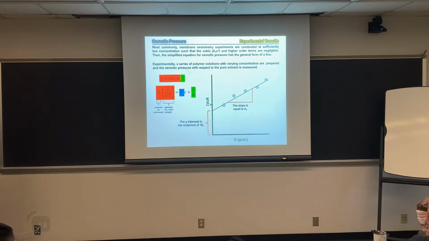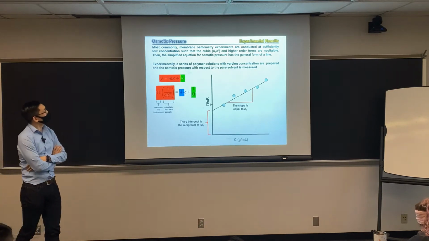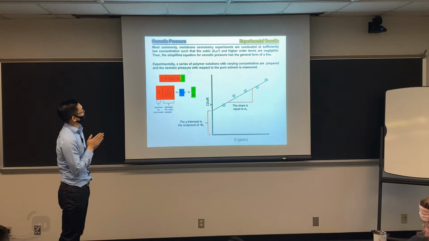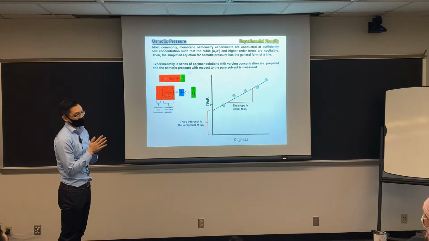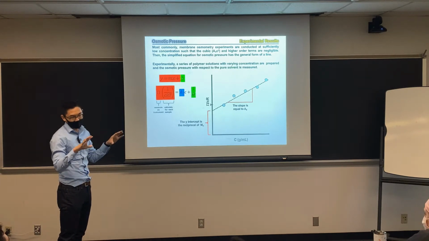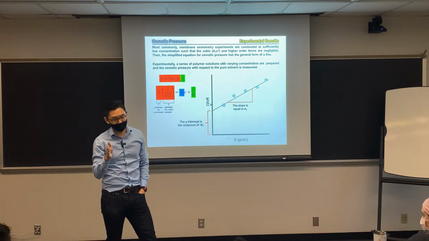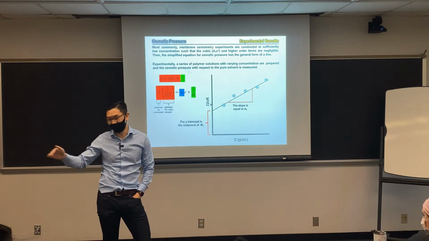So let's look at here. Membrane osmotic pressure needs to be measured at very low concentration. Why? Already explained. In the expansion of that mathematical form, we need to eliminate the higher order terms A3, A4, A5.